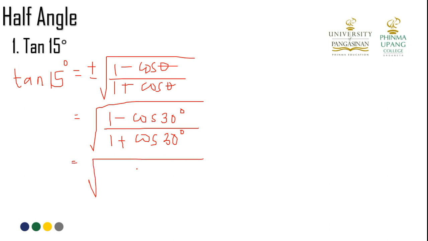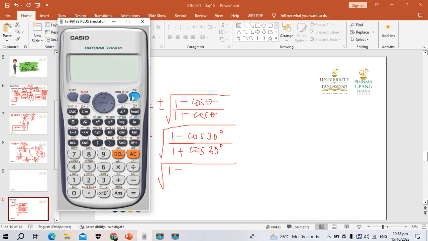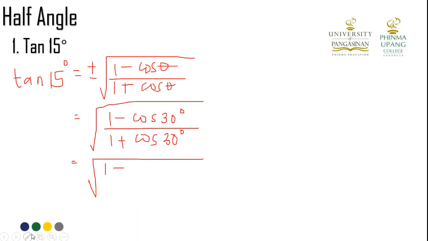Next is copy 1 minus, hindi ko kabisado yung cos 30 na yan. Try natin siyang i-calculator. Cos 30 degree. So the answer here is square root of 3 all over 2. Sulat natin yung square root of 3 all over 2.